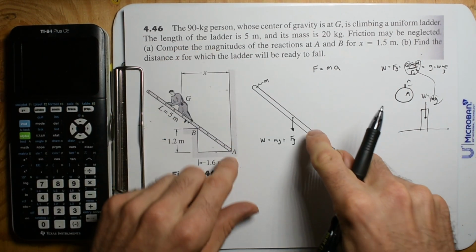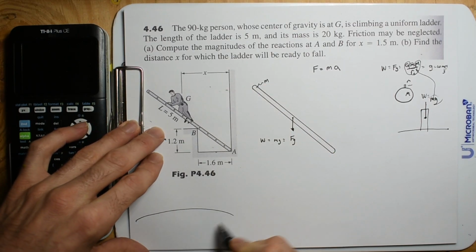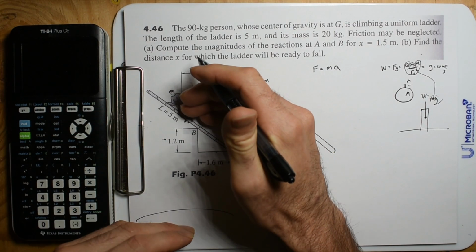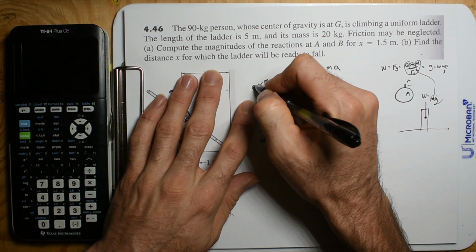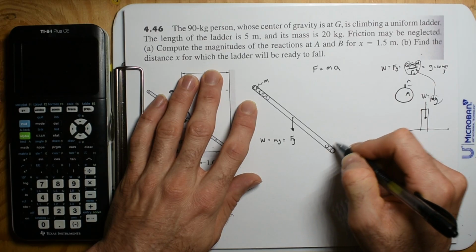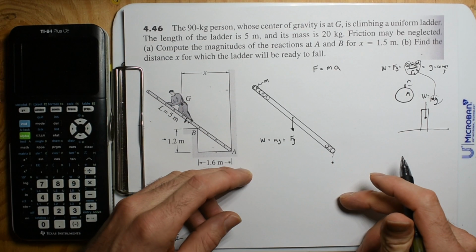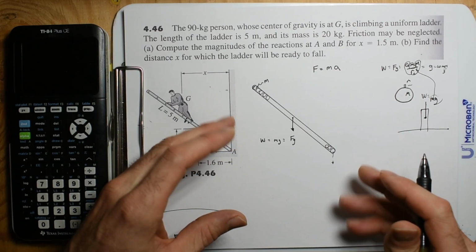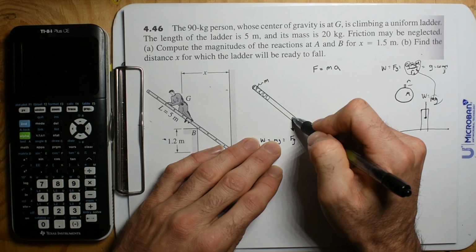So we know that this ladder has a mass, and we have an Earth underneath it, and we're going to have a force on that ladder. This ladder is actually made of a bunch of chunks of mass, and each of these masses is going to be pulled down towards the center of the Earth. The resultant of that is putting that weight at the center.